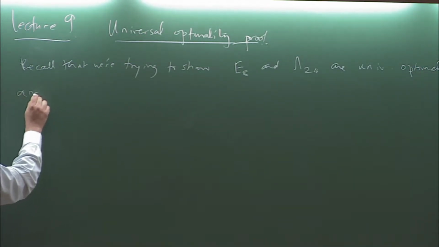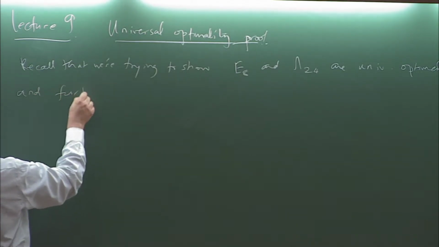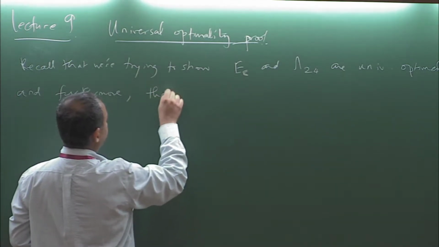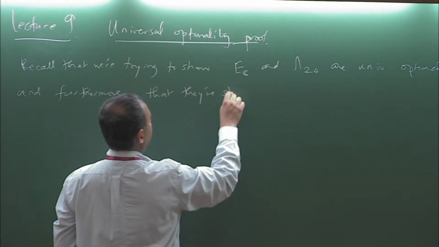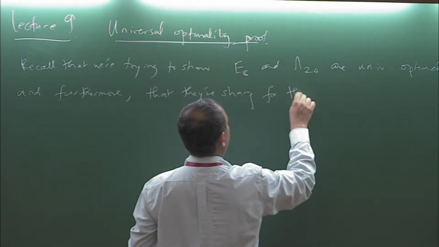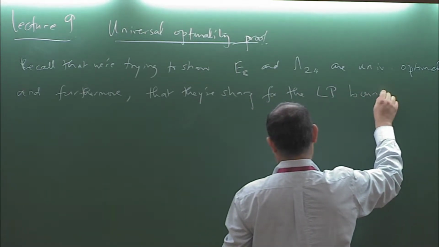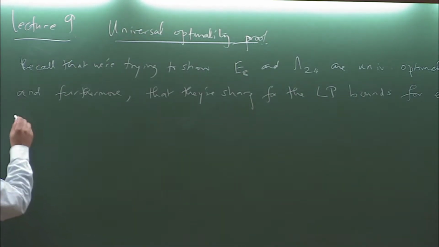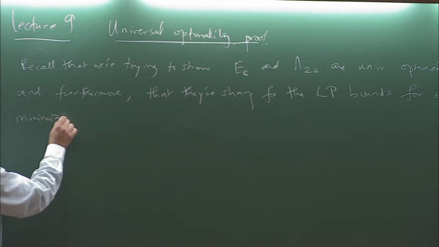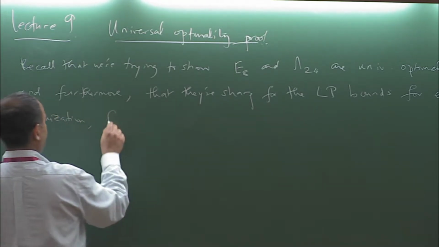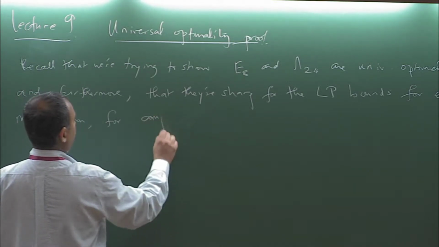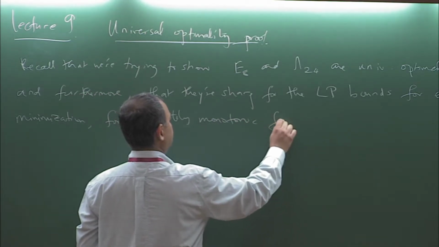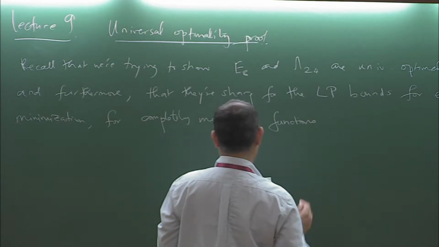And even stronger than that, that they're sharp for the linear programming bounds for energy minimization, for completely monotonic functions of squared distance.